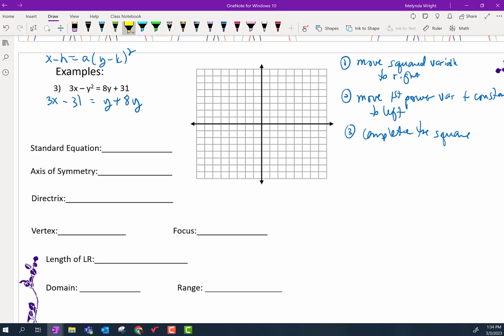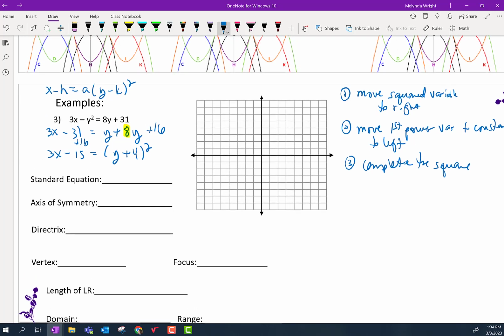We're going to take half of b. Half of 8 is 4. Square 4. 4 times 4 is 16. Add 16. Add 16. So let's see, negative 31 plus 16 is what? Negative 15. And then this is now a perfect square, which is y plus 4 squared.